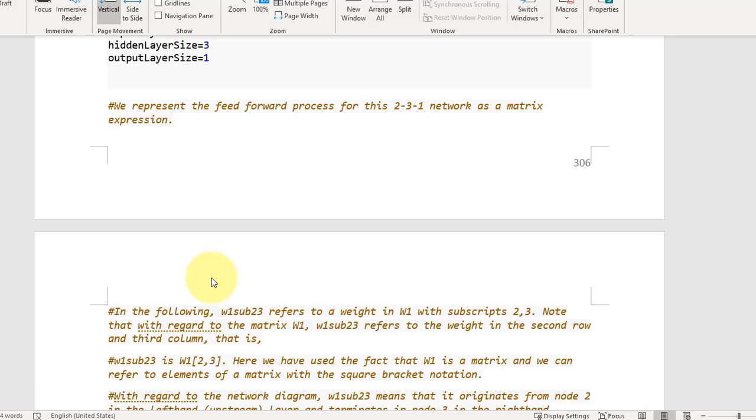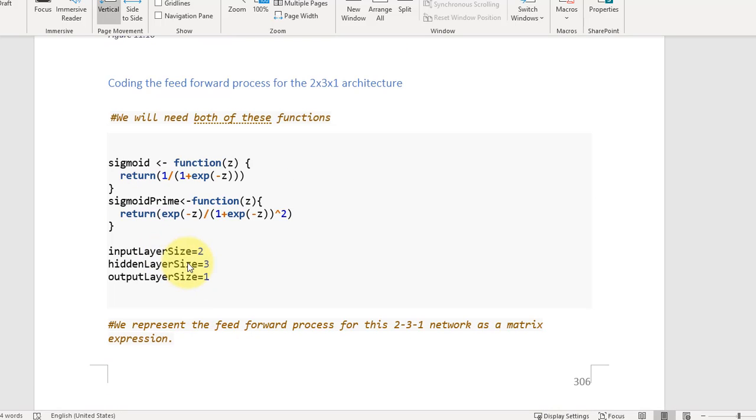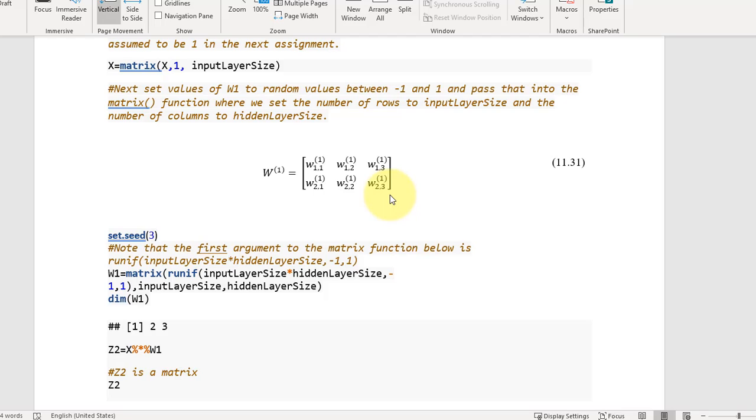So that 2 by 3 actually comes from the input layer size and the hidden layer size. If, for example, the hidden layer size was 4, then what matrix would we want? Let's think about it. You can sort of see that we'd want one more column here, because we have 3 columns since there were 3 nodes.